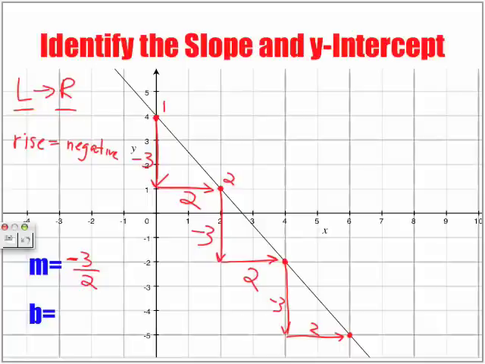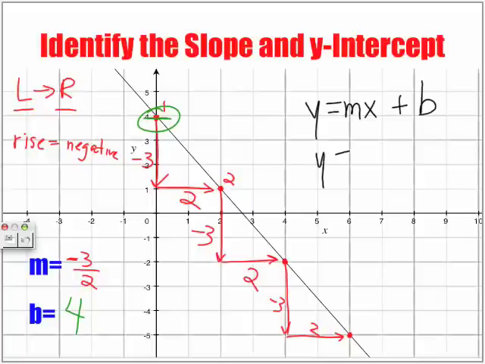And now if we're looking at our y-intercept, where does the line cross the y-axis? It does it right here at 4. So our b value is +4. So how do we put the equation together? Well, we know that it's y is equal to mx plus b. So our equation is y is equal to, what is our m value?